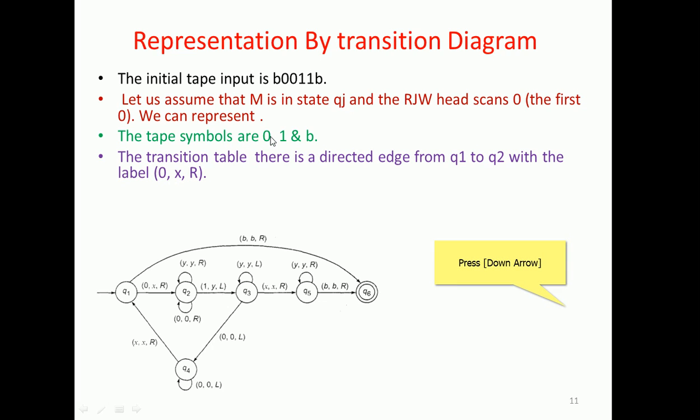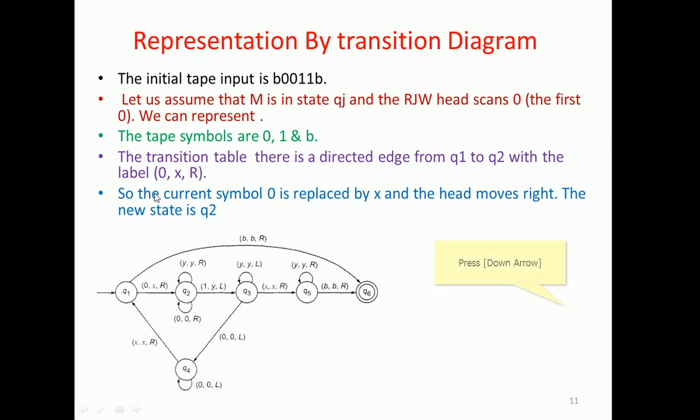In the transition diagram, there is a directed edge from Q1 to Q2, which is labeled 0 comma x comma R. That says the current symbol 0 is replaced by x and the head moves towards the right side.